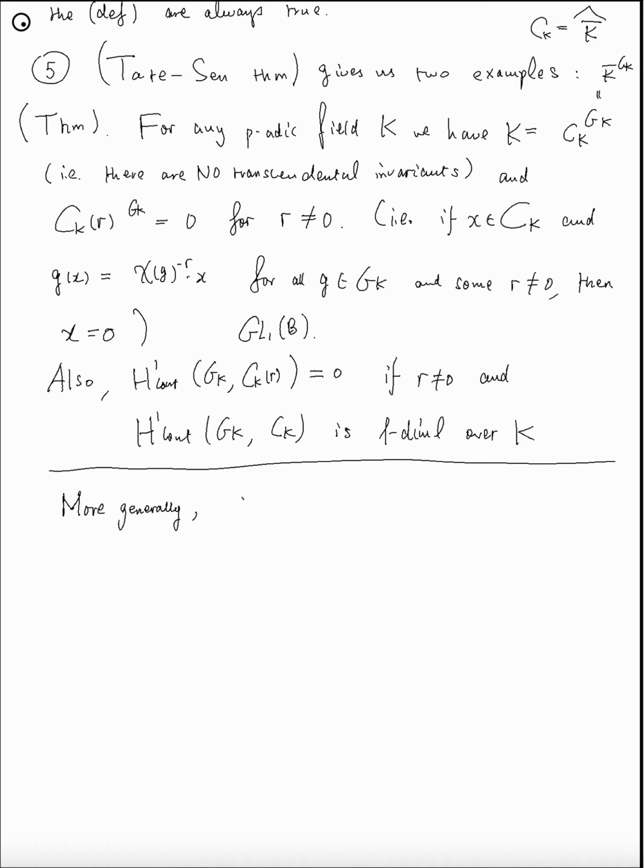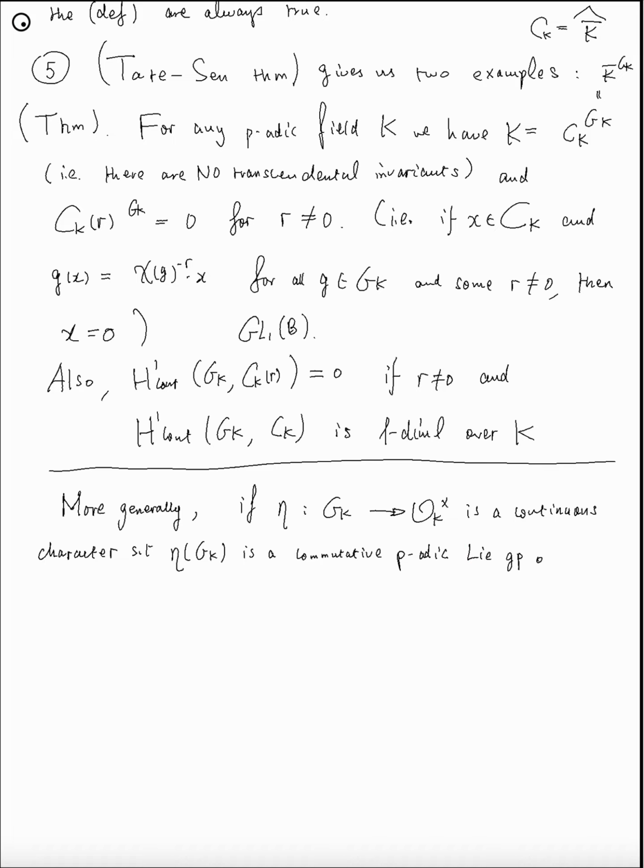More generally, this is still part of the theorem. To put this condition more generally, if eta is not necessarily the cyclotomic character, but is a continuous character such that eta of J_K is a commutative p-adic Lie group of dimension at most one.